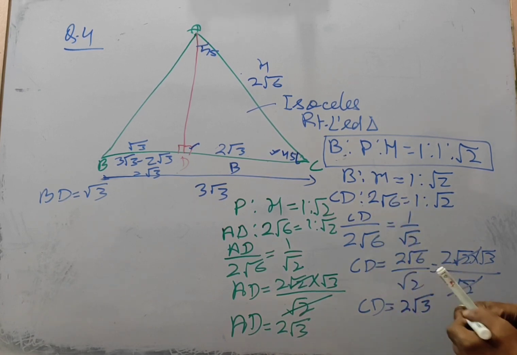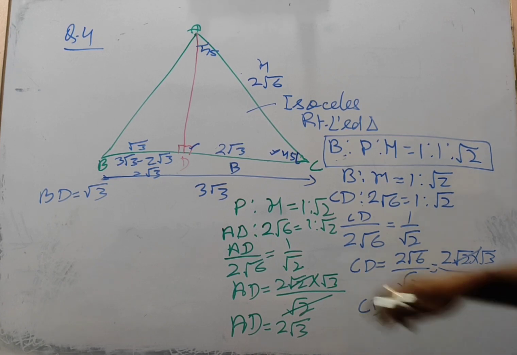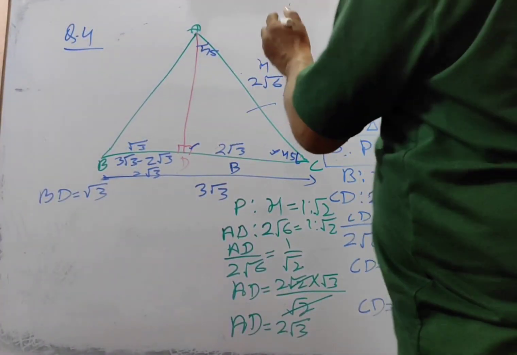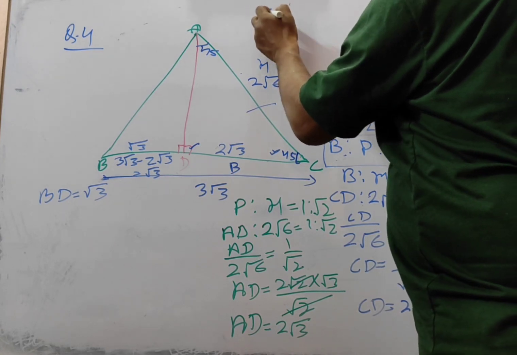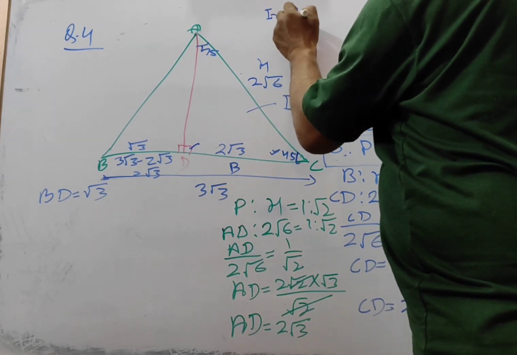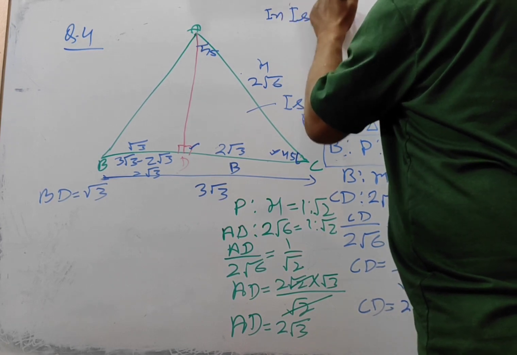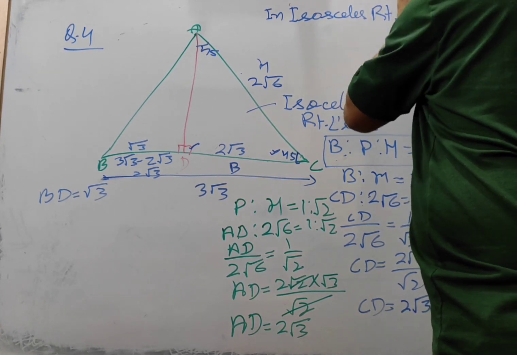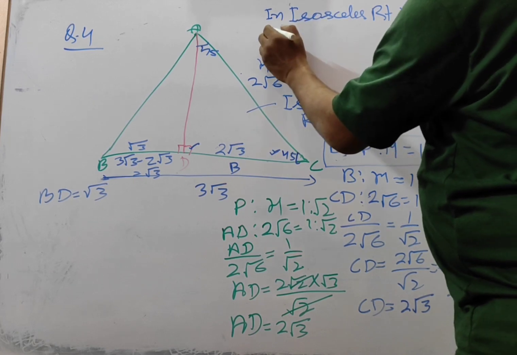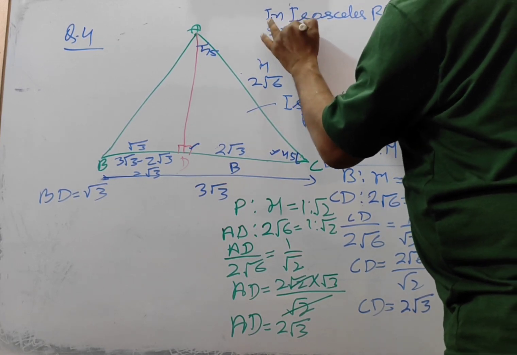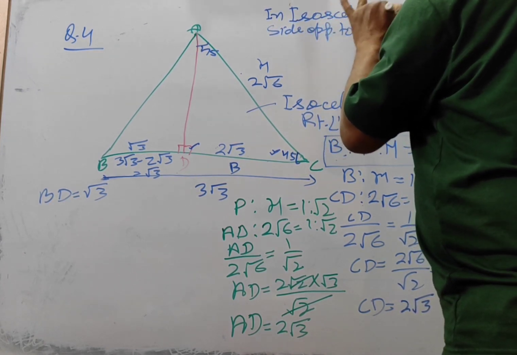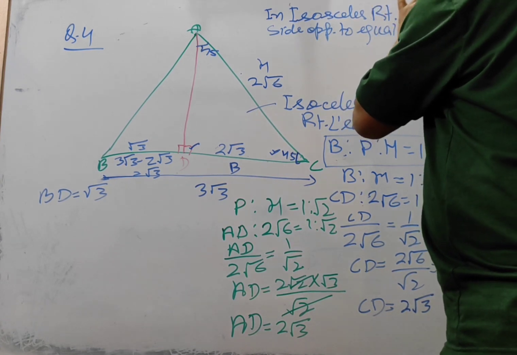Basically, we have a concept in an isosceles right angled triangle: two sides are equal, since the sides opposite to equal angles are equal.